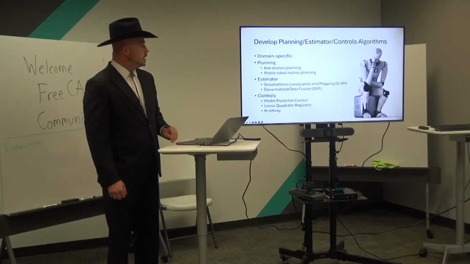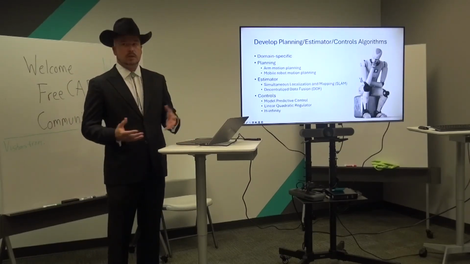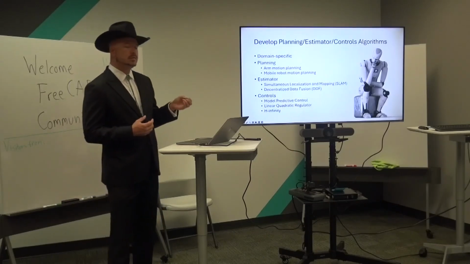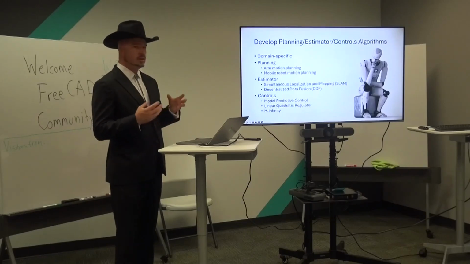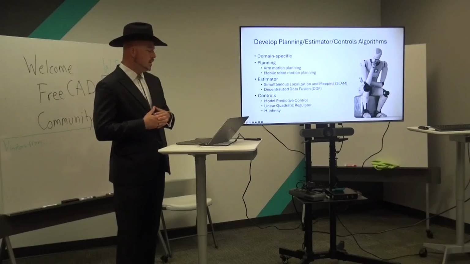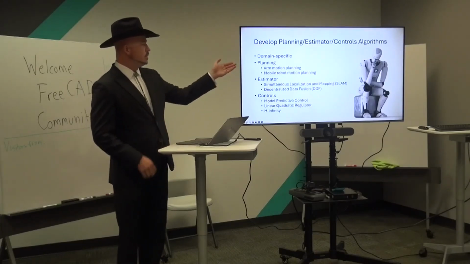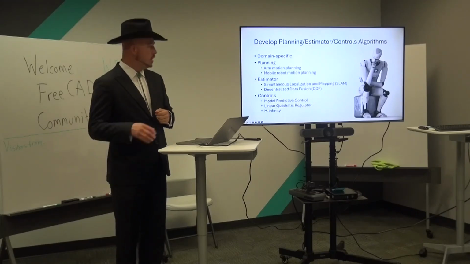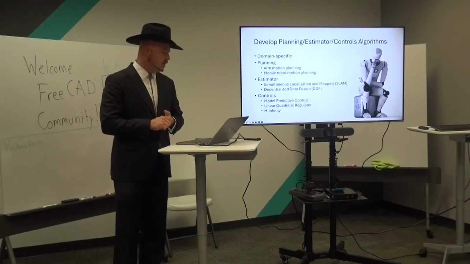All right, so once you've got it in there and you've confirmed observability and controllability of your system, now we want to go ahead and develop our planning, estimation and control system. So for planning, you might use an arm motion planning system, or maybe a mobile robot motion planning system.